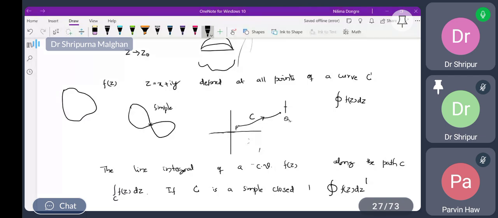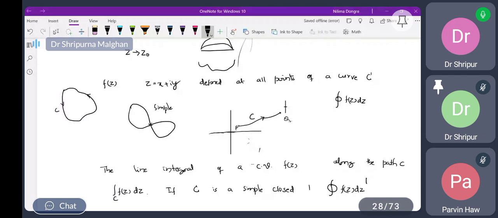And as all of you know, whenever we take a simple closed curve, we take the anti-clockwise direction as positive, and if you go in the clockwise direction, it is taken as negative, minus C. So always remember, whenever we have a closed curve, you have to take the anti-clockwise direction along the curve C as positive. If you go in the opposite direction, it is called negative.